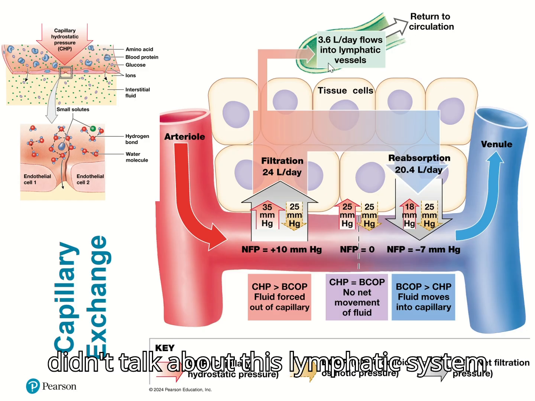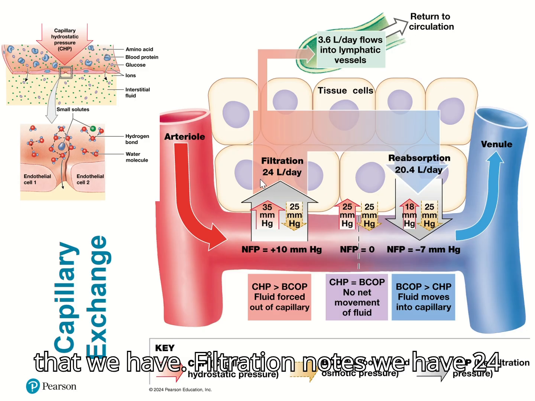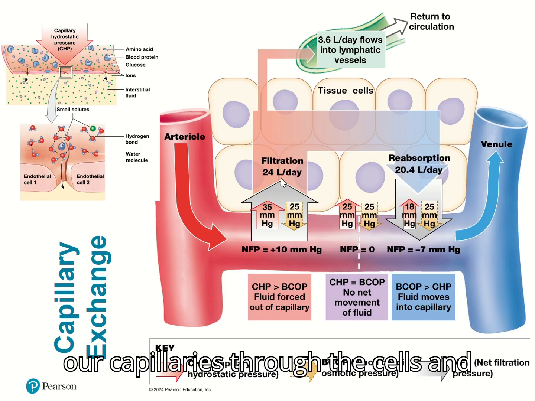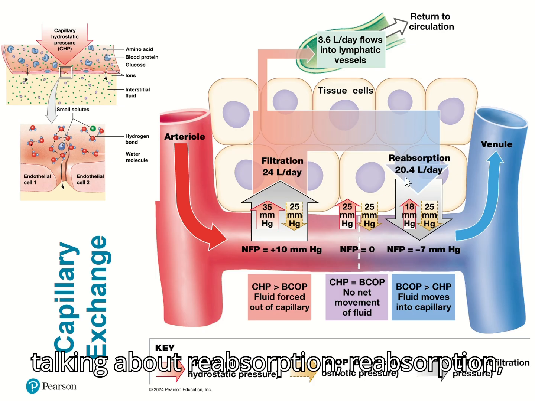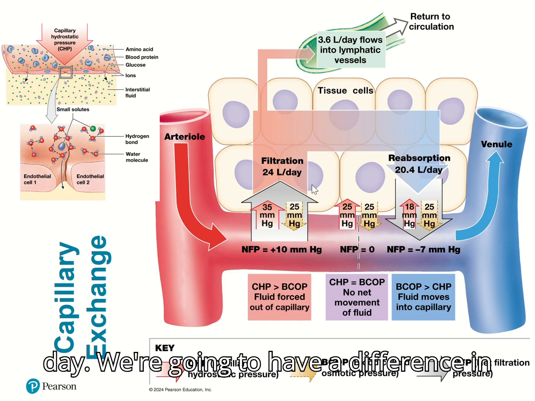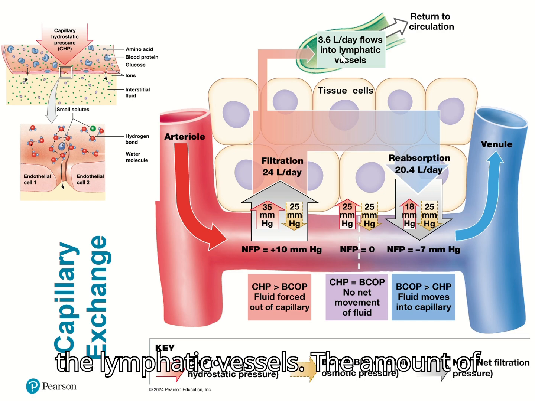Now, we didn't talk about this lymphatic system right here, so let's look at the numbers that we have. For filtration, we had 24 liters per day being pushed out of our capillaries to the cells and tissues around it. But when we're talking about reabsorption, you're only reabsorbing 20.4 liters per day. We're going to have a difference in between, and that's what goes to the lymphatic vessels.